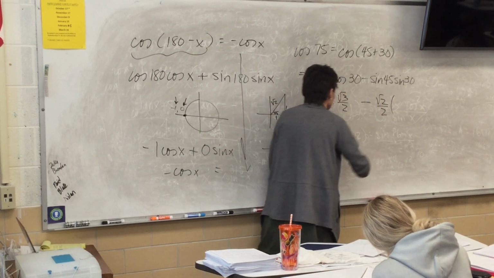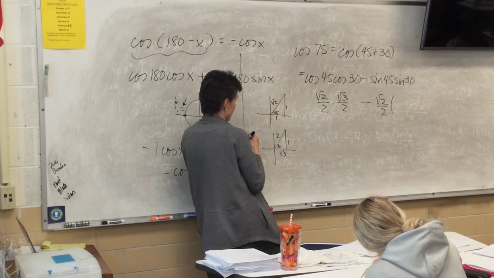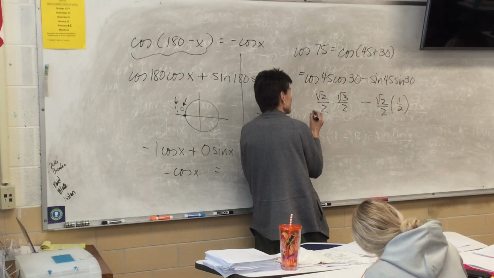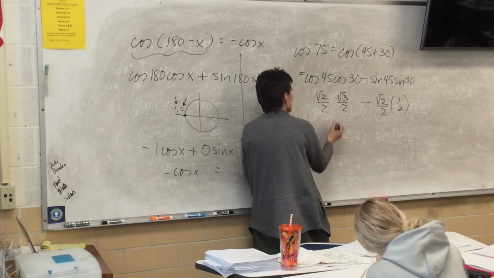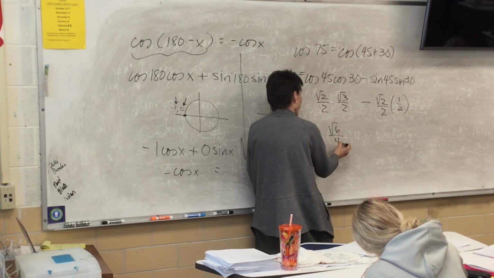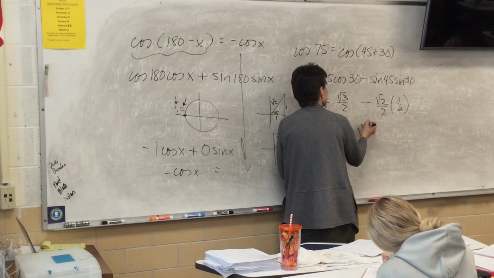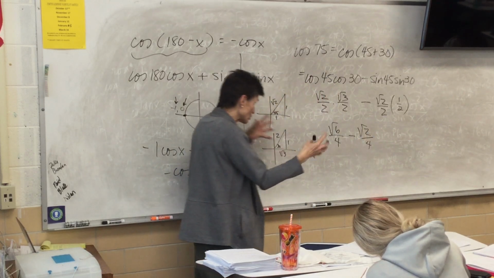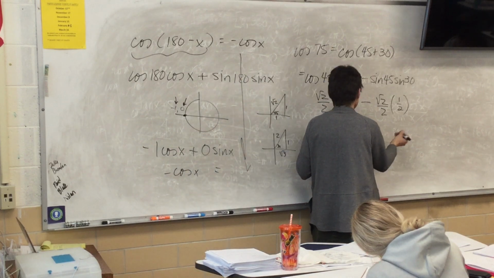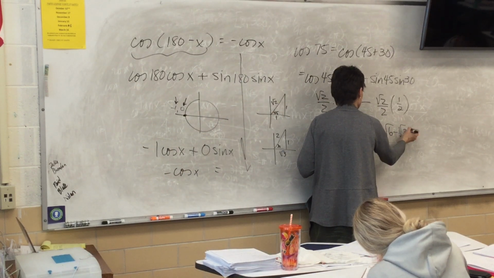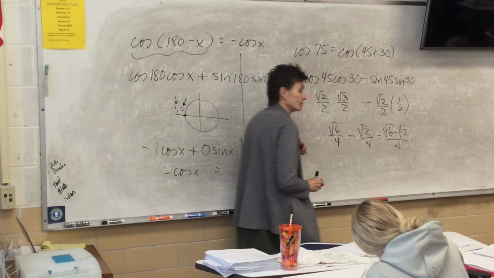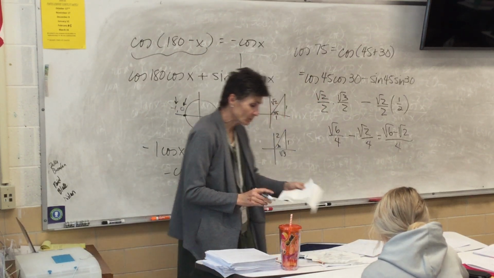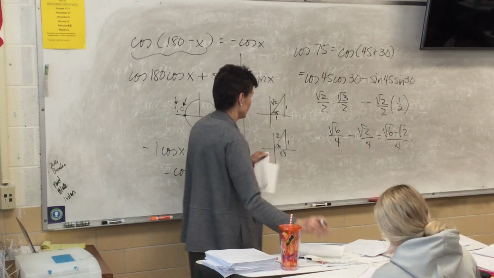And the sine of 30 is 1/2. So again, this is a multiplication problem. So it's root 6 over 4 minus root 2 over 4, which we can combine, but not totally combine. Root 6 minus root 2 over 4. Do not do anything with those radicals, you can't.